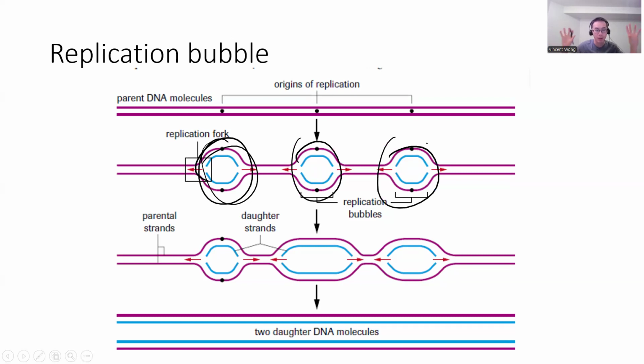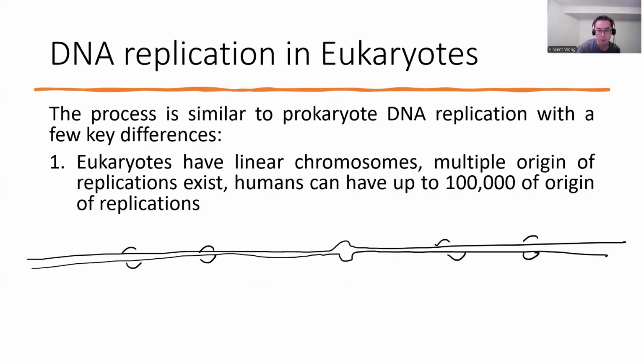And as the bubble expands laterally, horizontally, they will eventually merge together, and then you get the two daughter strands. Okay? Bacteria don't do this. They only have one replication bubble, and it's okay because they have a smaller set of DNA to copy, right? So that's the first difference. We have multiple origins of replication, sometimes as many as 100,000 of them at the same time.